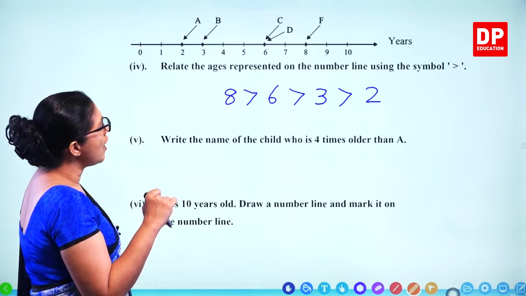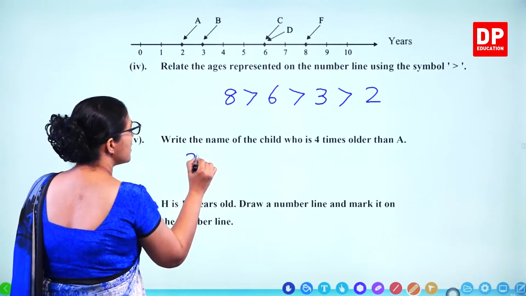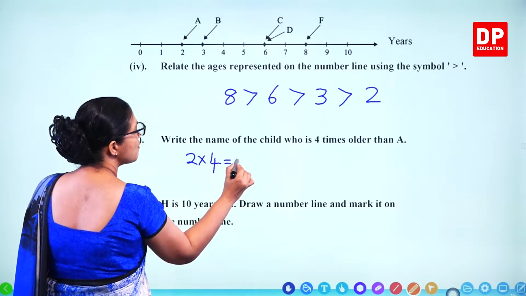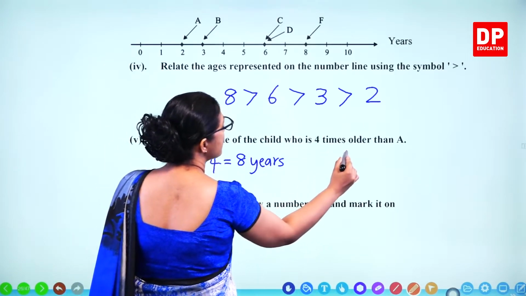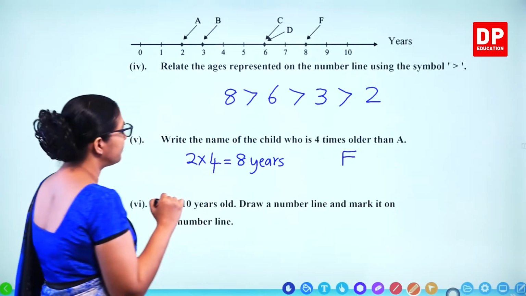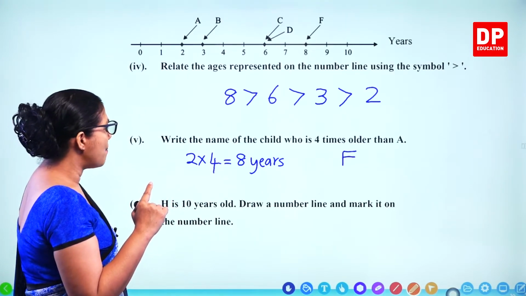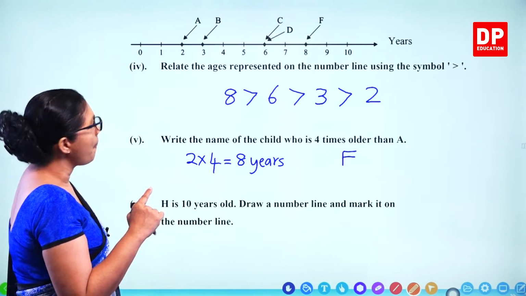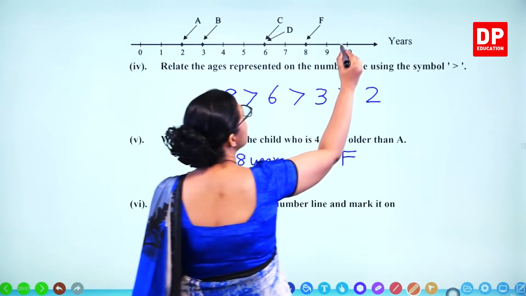Write the name of the child who is 4 times older than A. A is 2 years, 4 times older than 2 times 4, 8 years. Who's 8 years? That's F. H is 10 years old. Draw a number line and mark it on the number line. So we can draw on this. H we can mark here.